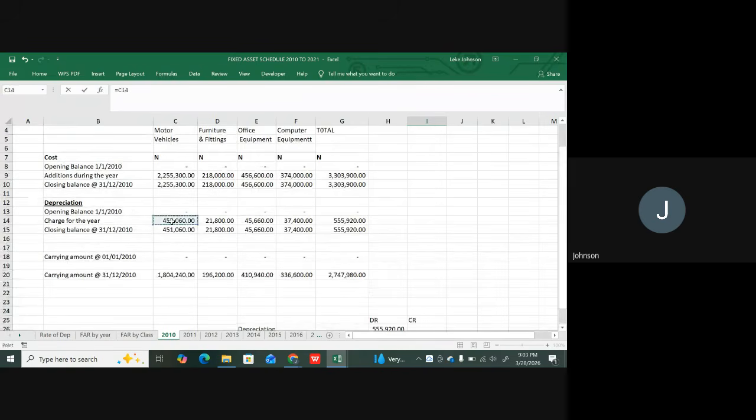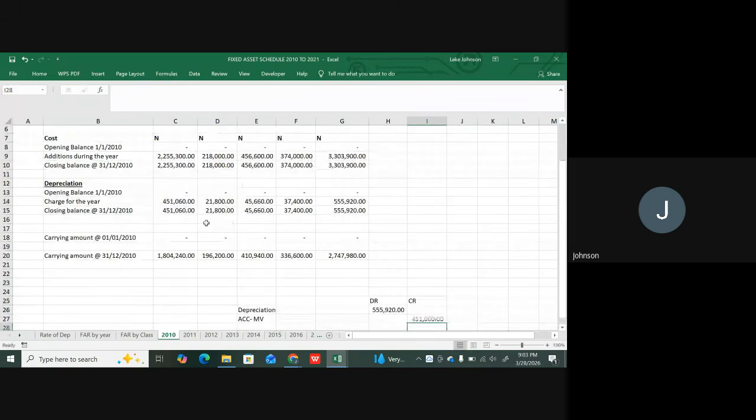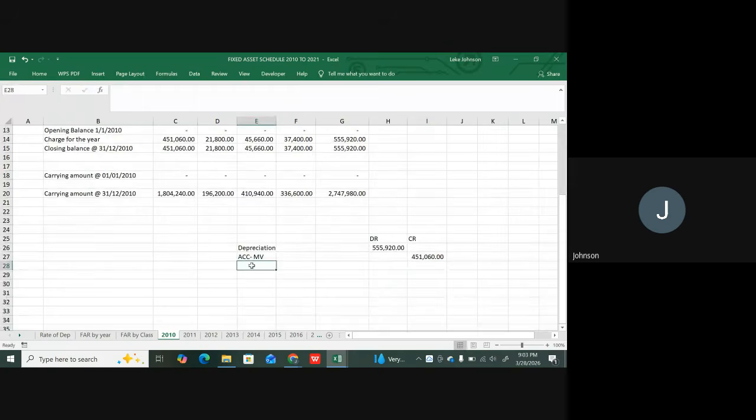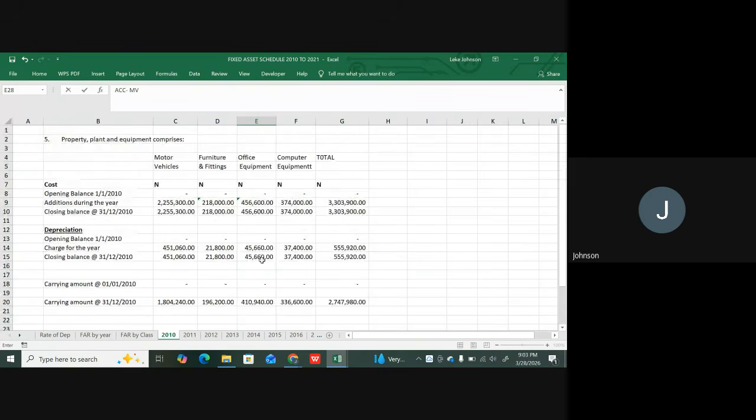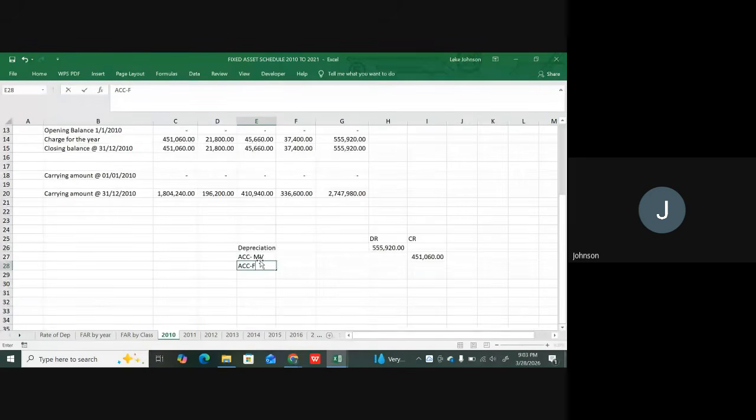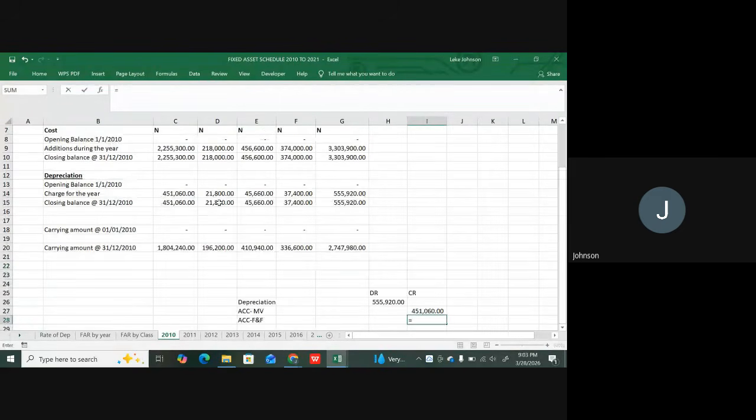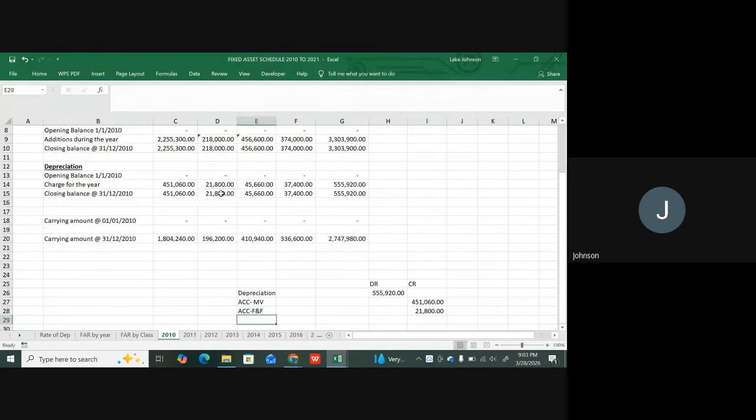You pick this one, right? You also say accumulated depreciation, the next thing is going to be furniture and fittings, right? So you're going to have it equal to this value. The charge for the year is what you're going to pick.